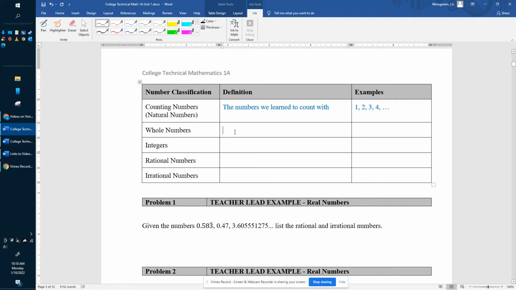The whole numbers are the counting numbers and 0. That'd be 0, 1, 2, 3, and so on.